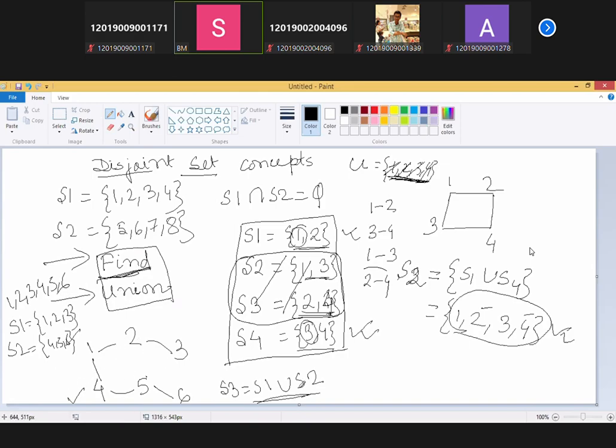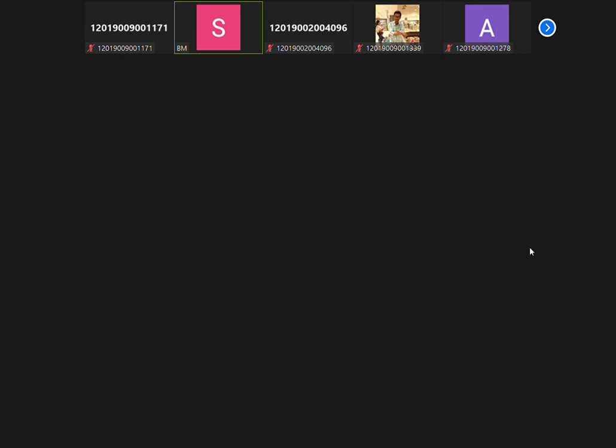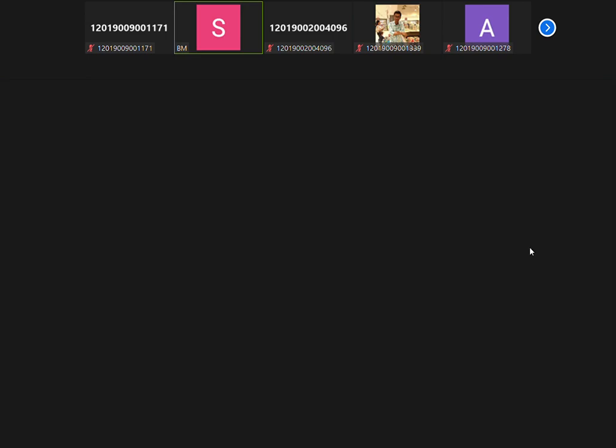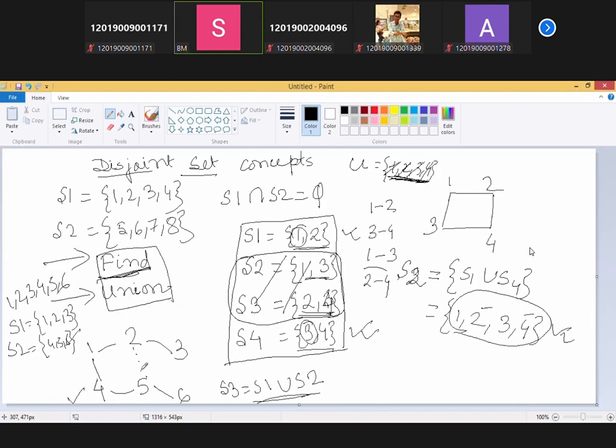But the very next time, after you form the S3, any two nodes, any edge or any connection that you are trying to produce or search, if you find that the nodes are present in the same set, you can conclude that there is a cycle, or if you select this line, it will make one cycle. Okay, so this is the concept of your disjoint set.